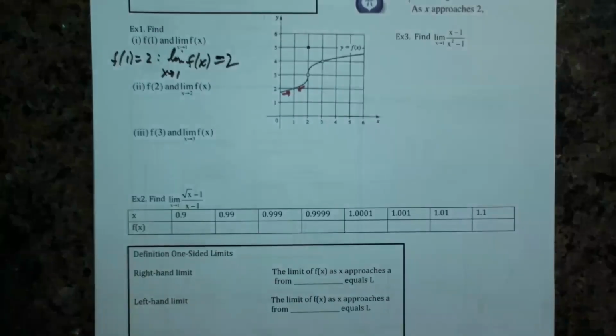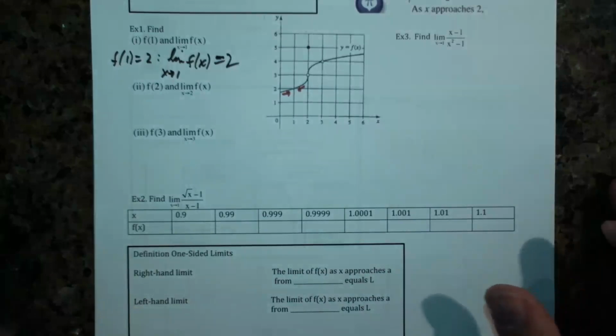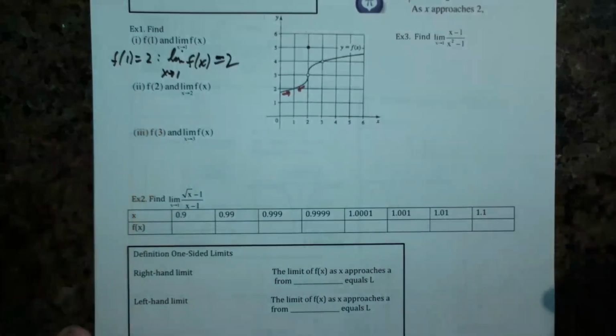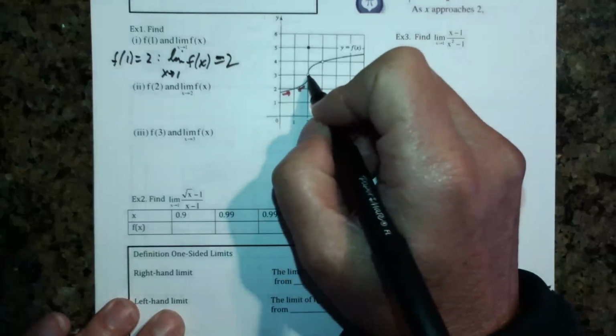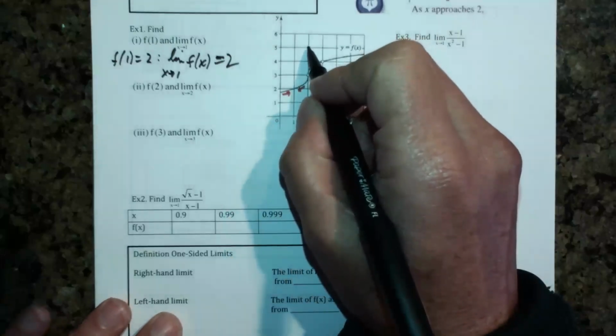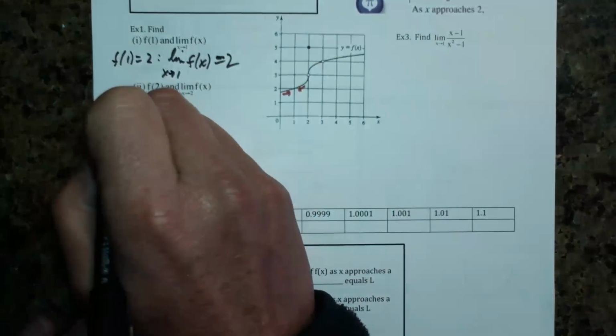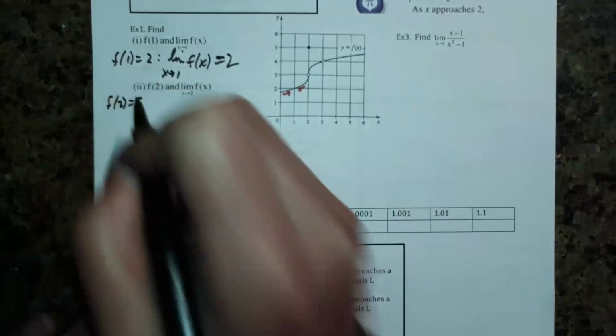Now that's going to change here with other values. So here we're going to have f of 2. So here's x equals 2. Notice y is not there. y is up here. So f of 2 in this case is 5.